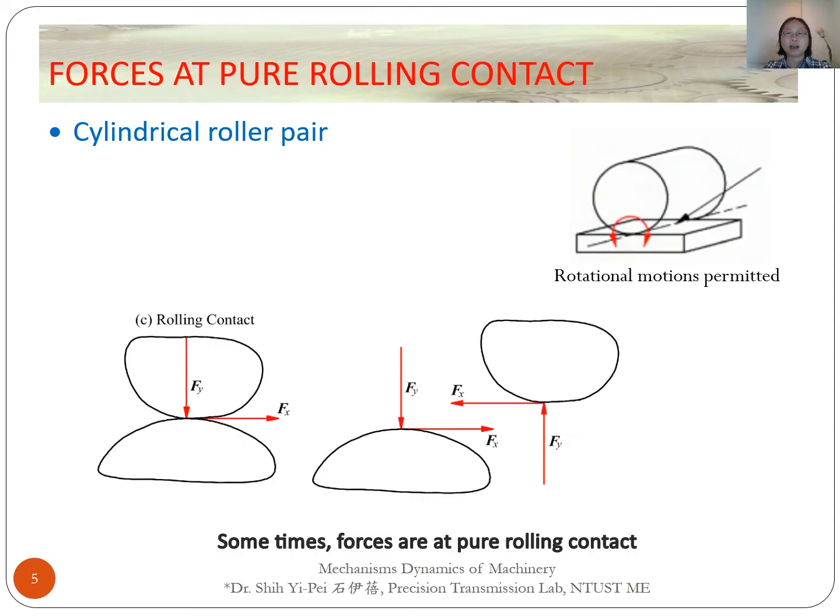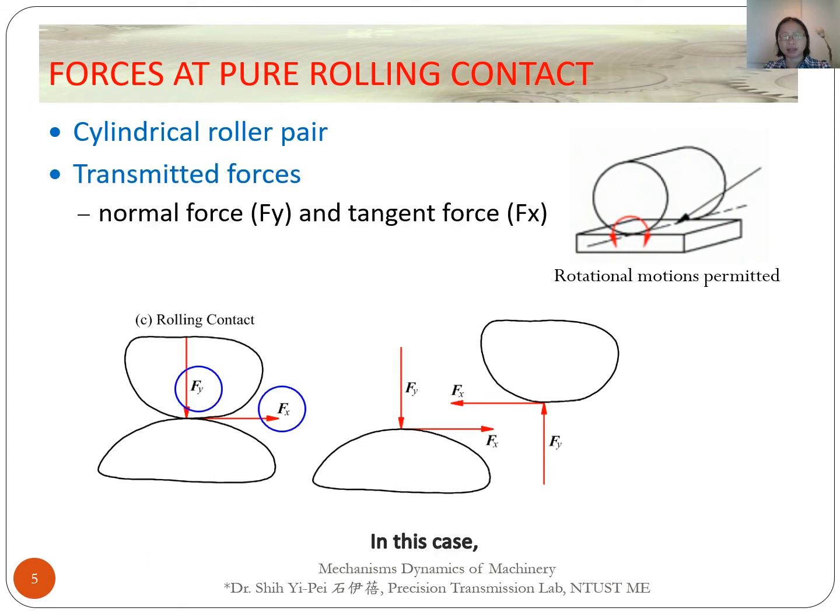Sometimes forces are at pure rolling contact, for example, a cylindrical roll pair. A roll rolls but does not slip on the surface on which it rolls. In this case, transmitted force includes normal force Fy and the tangent force Fx.